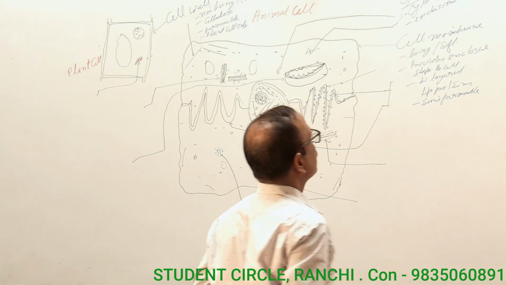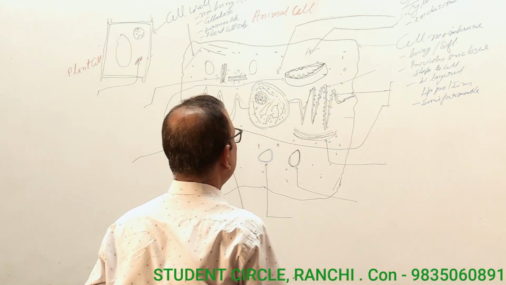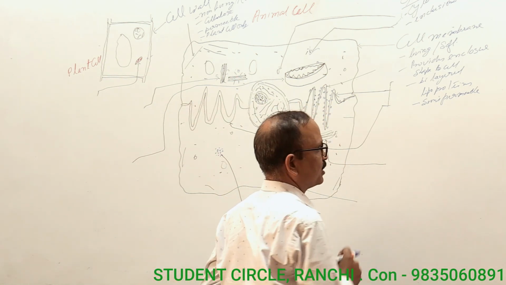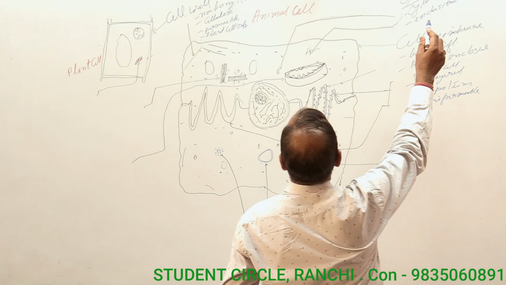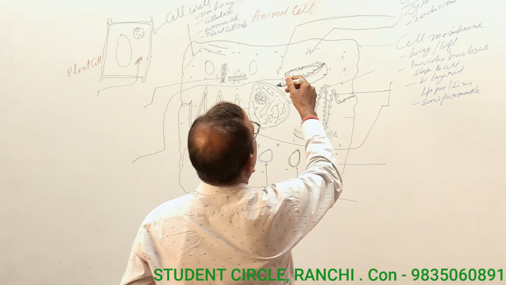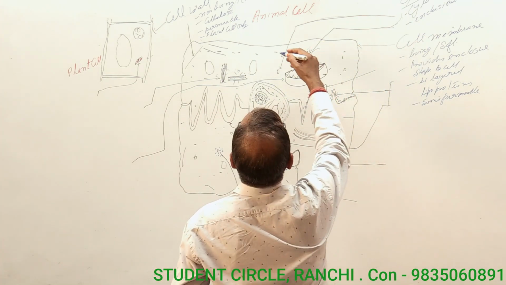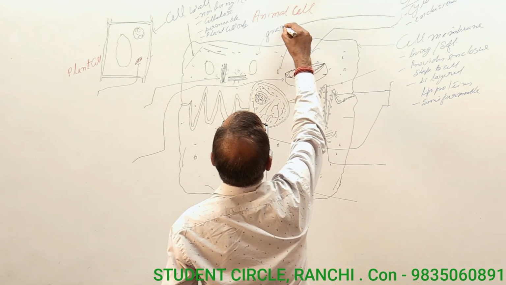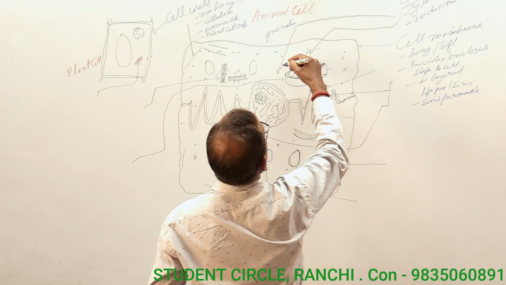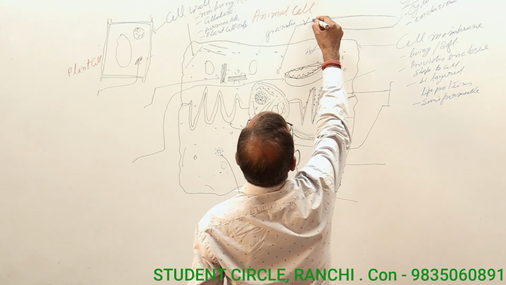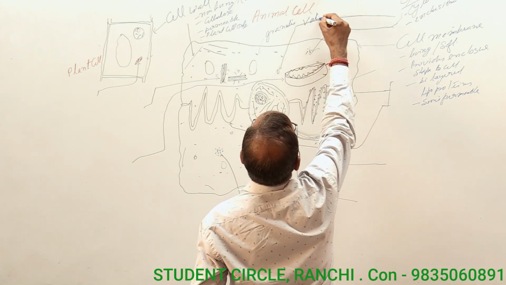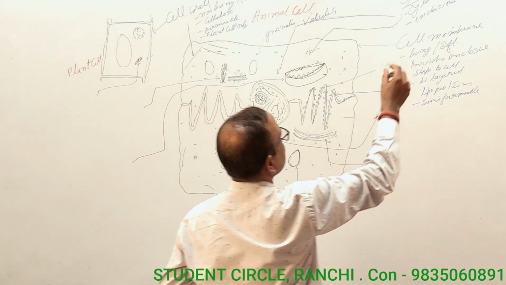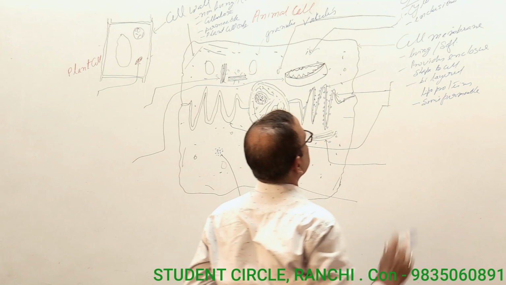The living part of this is called cytosol, and the non-living part, these grains, are called inclusions, like granules and vacuoles. These are granules, and this one you can see is a vacuole. These are non-living parts.